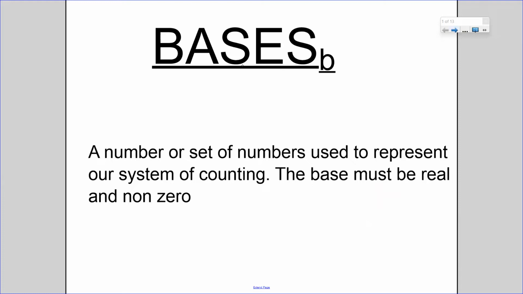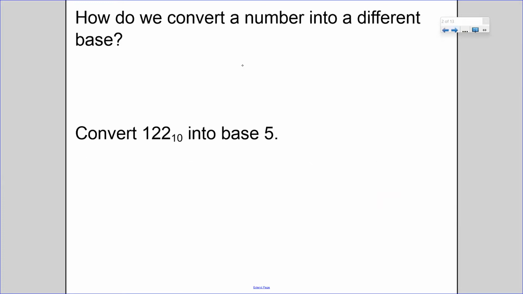So what if we wanted to convert from one base to another? Let's say we have a number in base 10 and we want to convert it into base 5, for example. There are 2 different approaches we can take here. We could think about our powers of 5 and take away the largest power of 5 that we could have. So in this case, 5 to the first is 5, 5 squared is 25, and 5 cubed would be 125.